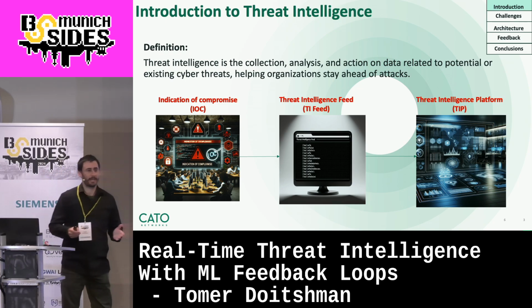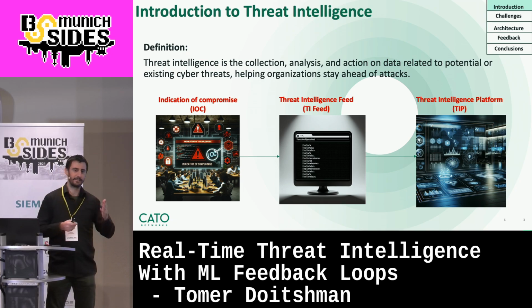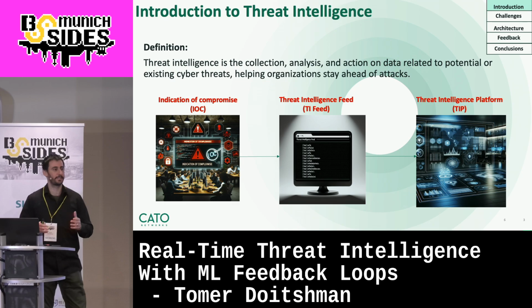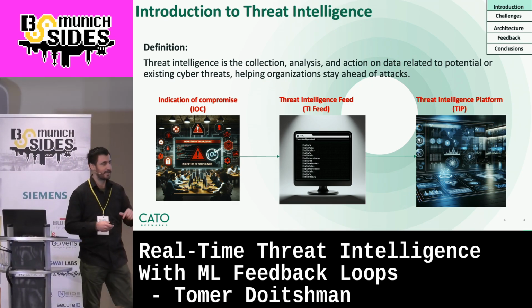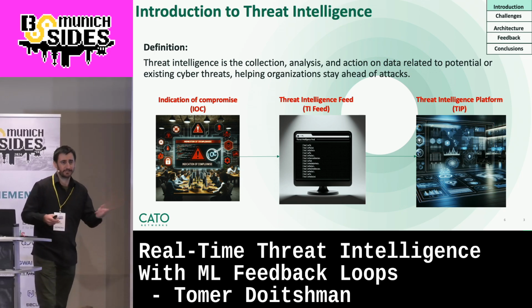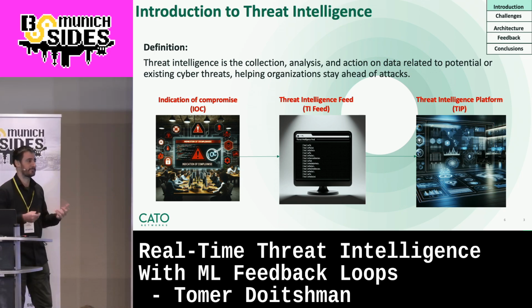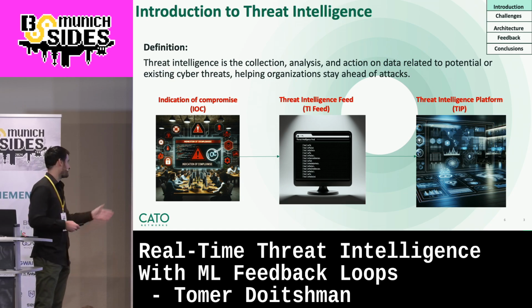It can be any artifact in the network or in the host that tells us that the host or the network has been potentially compromised. It can be a suspicious domain name, a suspicious IP address or IP ranges, or a user agent. It can be anything that can tell us, with some confidence, that we have been compromised.